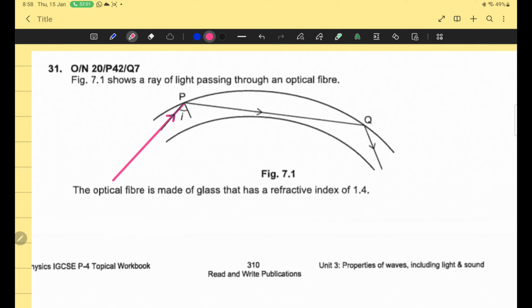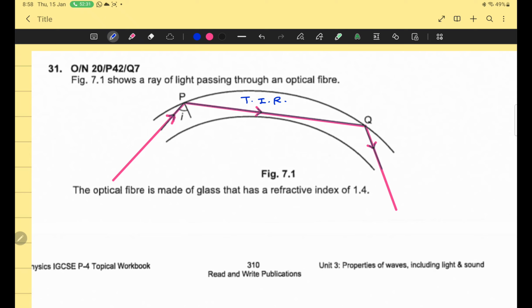This light ray enters into the optical fiber and exhibits total internal reflection. This is the incident ray, and the same ray exhibits total internal reflection.